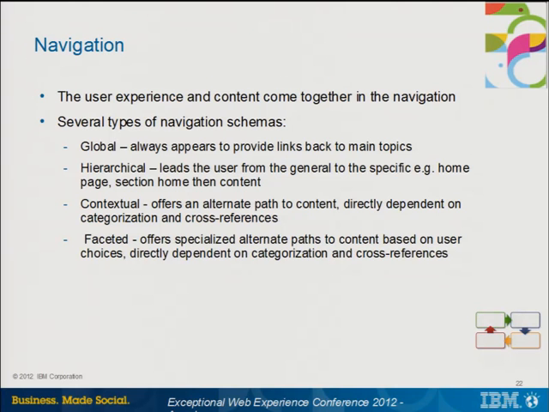We look at the global, always having a bar across the top, very common. We have hierarchical, contextual. We're able to start bringing in contextual information, and I think a good CMS will help you understand the contextual links or the serendipitous links. And also this final one, faceted.